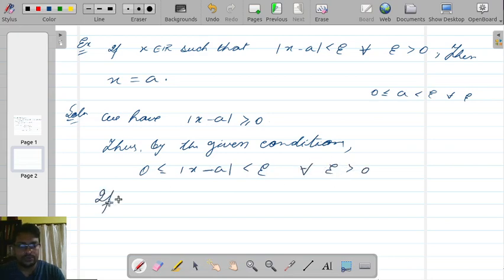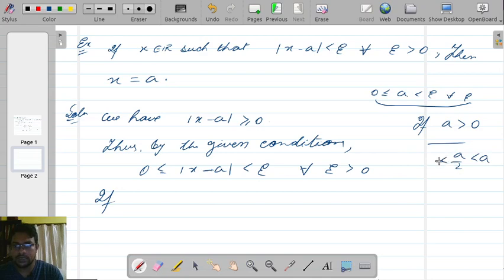If you remember, how did we do this? We did it this way: if a is greater than 0, then we showed that there is a problem. The number a by 2 is a number which is less than a, but lies between 0 and a. So this contradicts the fact that a is less than every positive real number. That was the method.